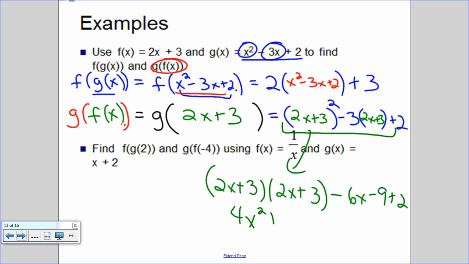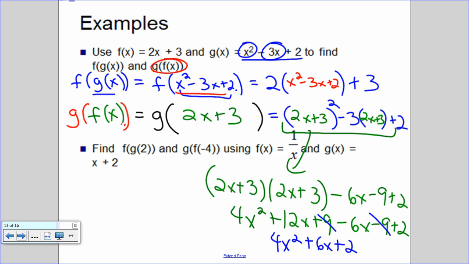Foiling, 4x squared plus 12x plus 9 minus 6x minus 9 plus 2. Combining my terms, I can see the 9's go away. I have a 4x squared, a 6x, and a plus 2. So we want to do our simplifying when we have these polynomials.